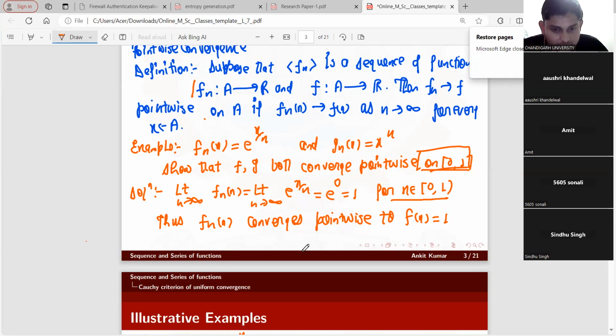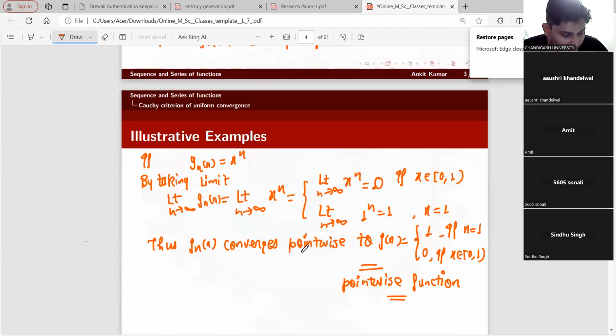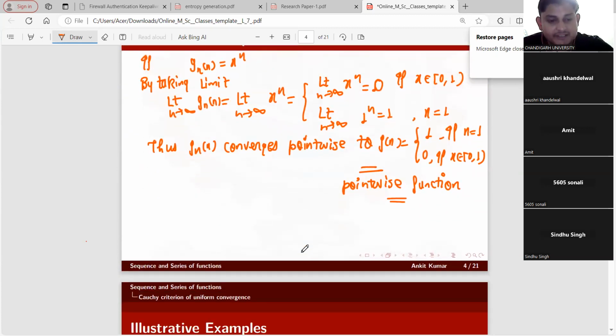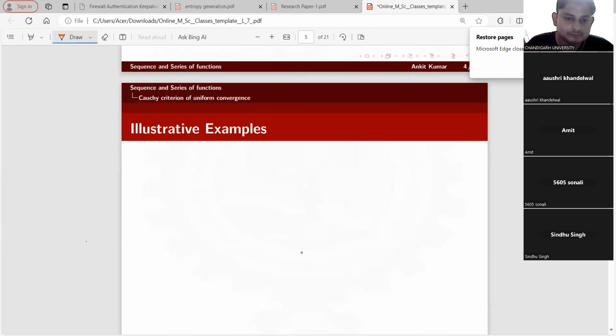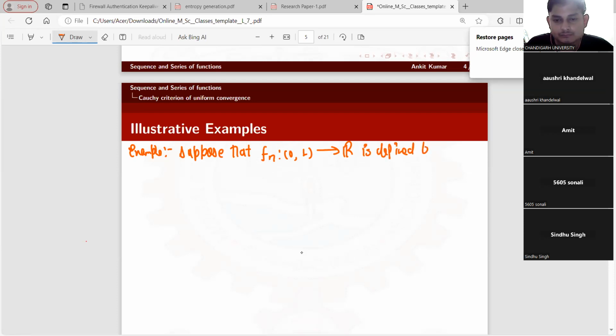Now, if we discuss the next example, suppose that fn from [0, 1] to R is defined by fn(x) = n upon (nx plus 1).